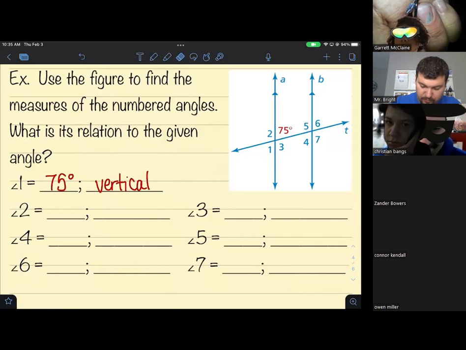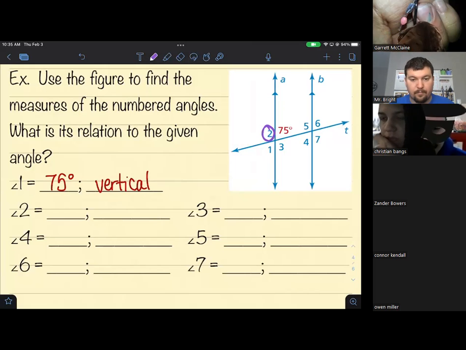Okay, the next one is angle 2. Shane, can you tell me what angle 2 is going to be? 105 degrees. That's correct. And Shane, what's its relationship to the given angle?